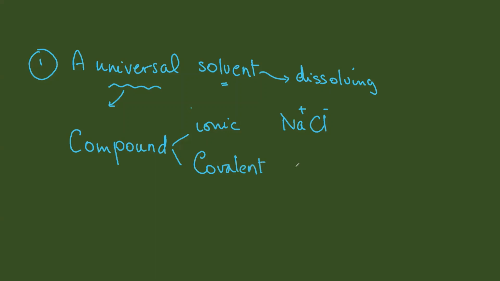And these covalent compounds, for example, like sugars and other molecules, of course, that I'm going to explain now. This means that water can dissolve most of the ionic compounds, but some covalent compounds. Right.